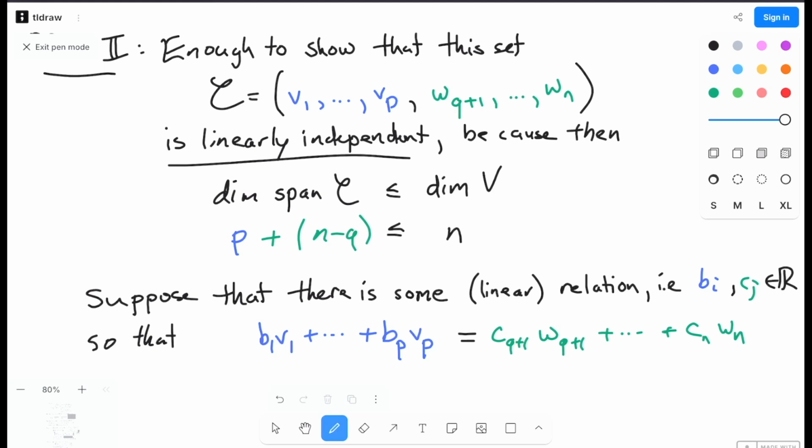Correct. Correct. I mean, well, they could be, but we're not assuming that they are. Yeah. Yeah, and that is indeed the right question.